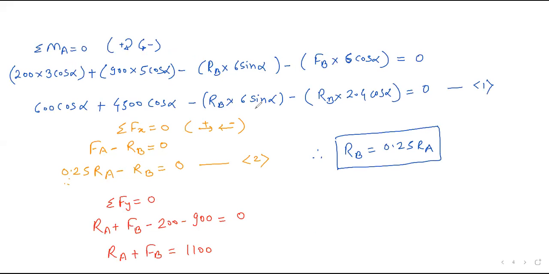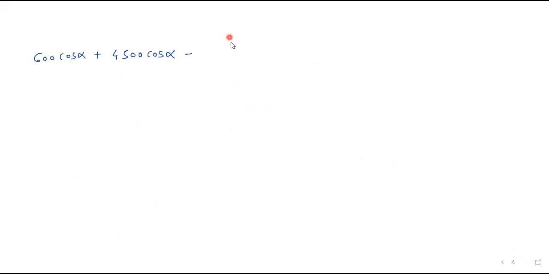Now RB into 6 sin alpha. Now this term RB into 6 sin alpha. RB is 250. So put the value over here, 250. 250 into 6. So it is 250 into 6 is 1500. So this is 1500 sin alpha.